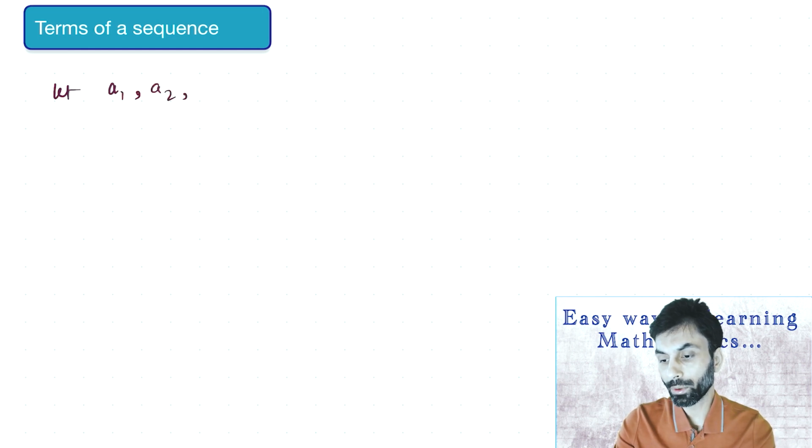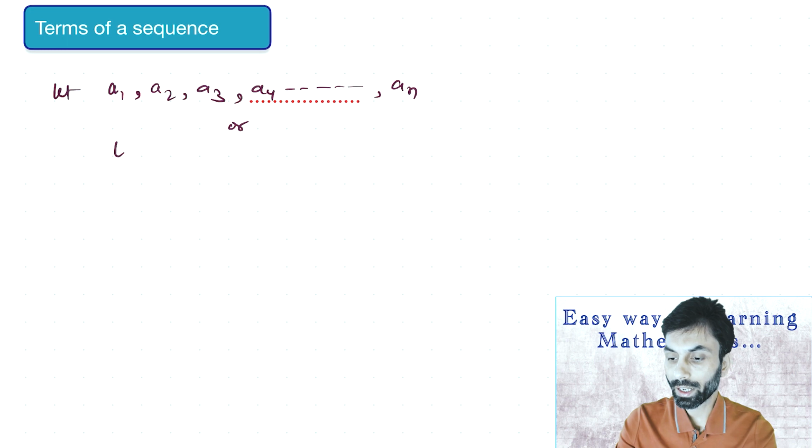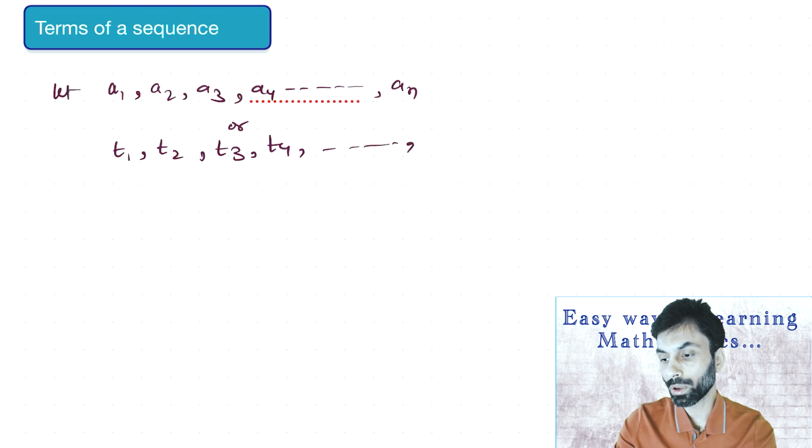Next we'll talk about the terms of a sequence. Let A1, A2, A3, A4 and so on up to An, or we can write T1, T2, T3, T4 and so on up to Tn, be a sequence.